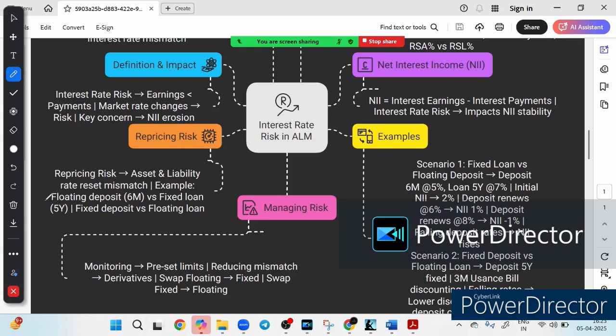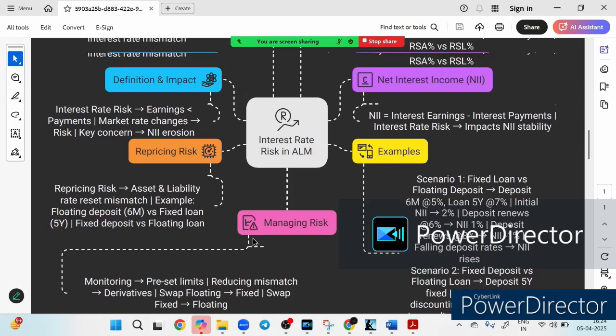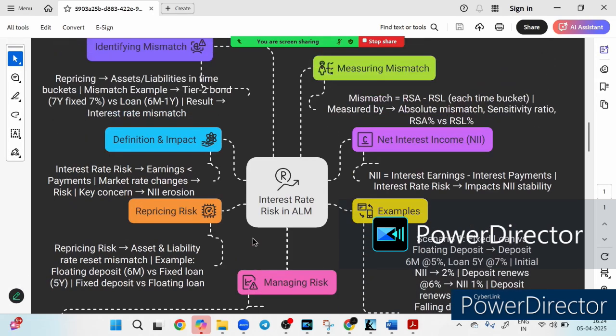So repricing risk, I hope it is clear, is because the timing of the assets' and liabilities' maturity is varying.